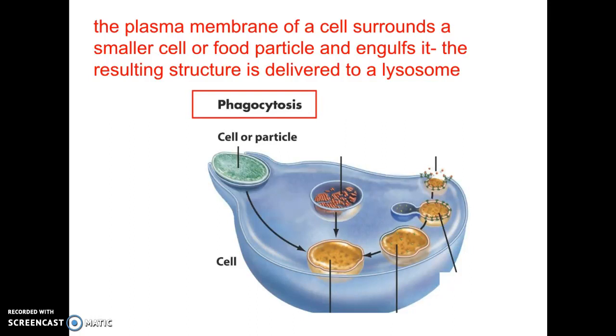And the reason for that is because once that food vacuole binds to the lysosome, then all of these hydrolytic enzymes and acidic pH start breaking down the cell. It's going to really affect that bacterial cell. So phagocytosis is one of the ways that we deliver things to the lysosome.